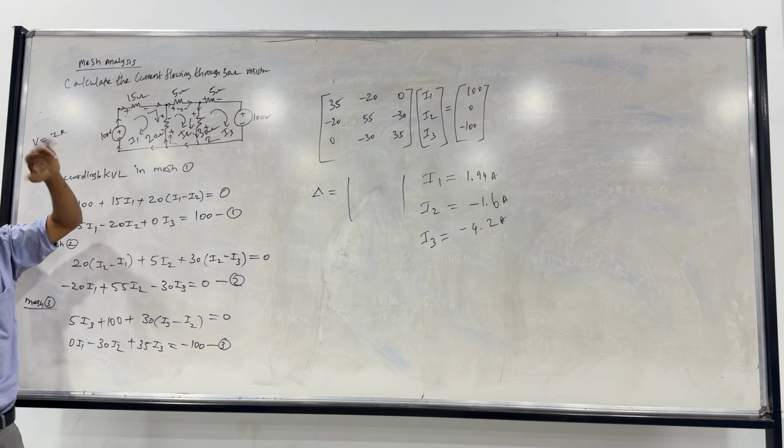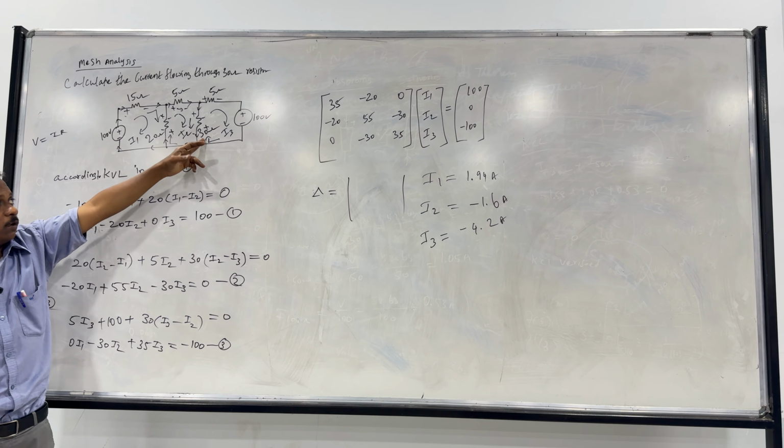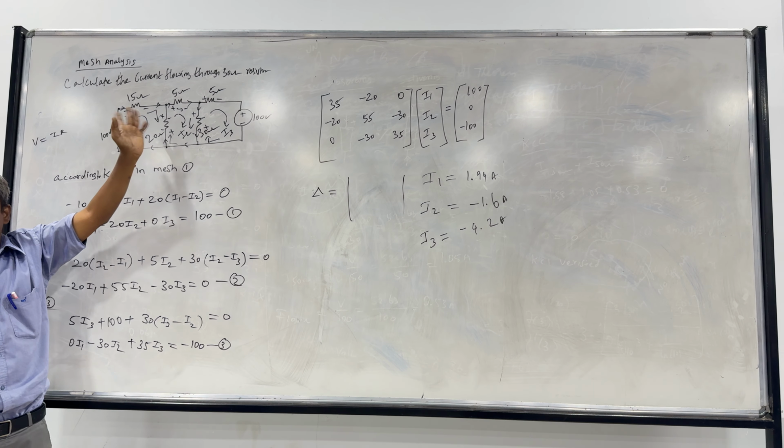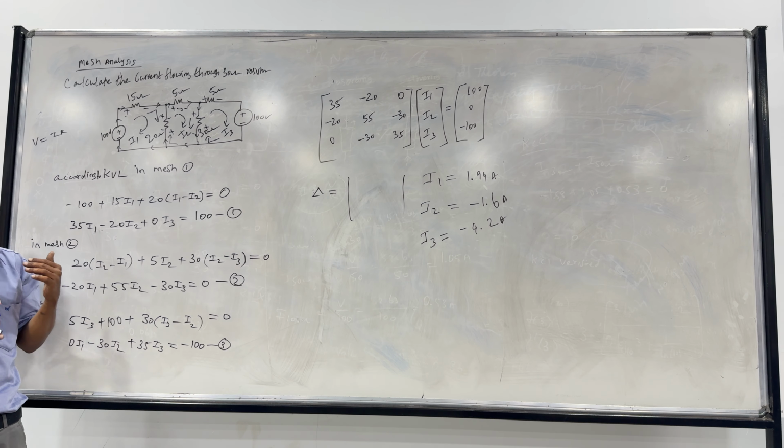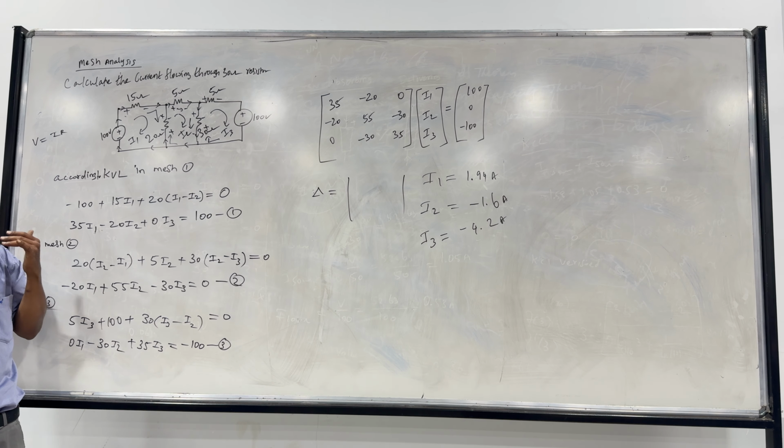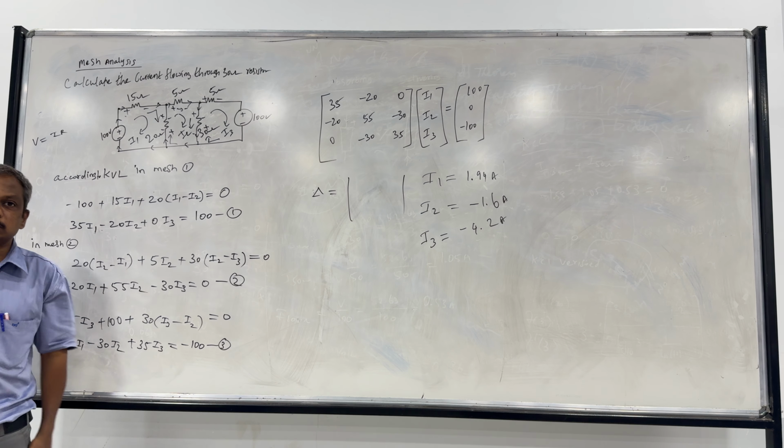Polarity may be changed, but magnitude remains constant. And for 30 ohm, either you can substitute I2 minus I3 or I3 minus I2, into 30. So in this way you can find out the voltage, current, power of any element in the circuit. Okay.